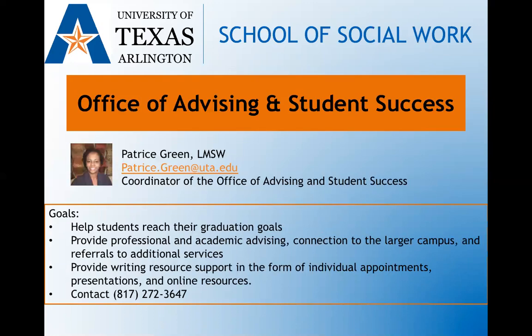Our Office of Advising and Student Success is led by Patrice Green, and she can help you if you find that you're struggling and need additional support. You can reach out to Patrice Green and request that support. She can refer you to different resources on campus for that extra support that you may need as you're making your way through your courses.